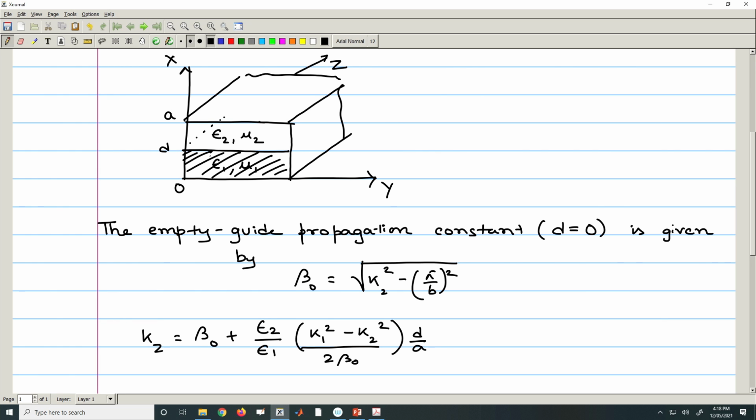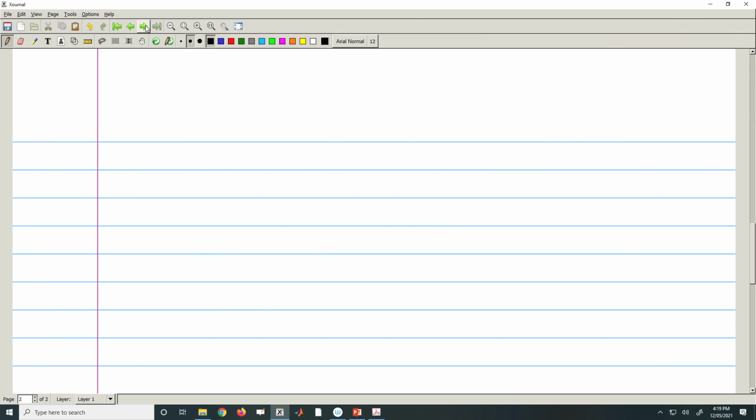The waveguide between 0 to d is filled with epsilon 1, mu 1 and from d to a it is filled with epsilon 2, mu 2.